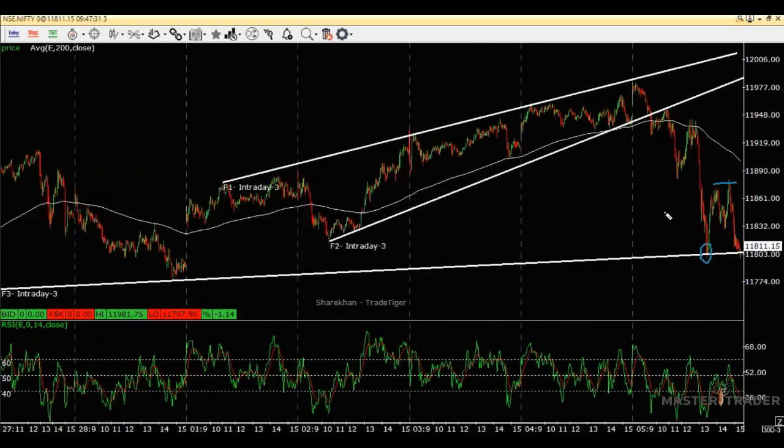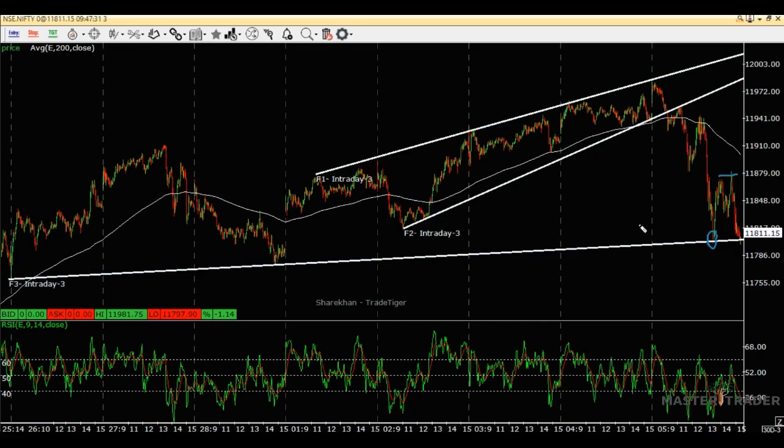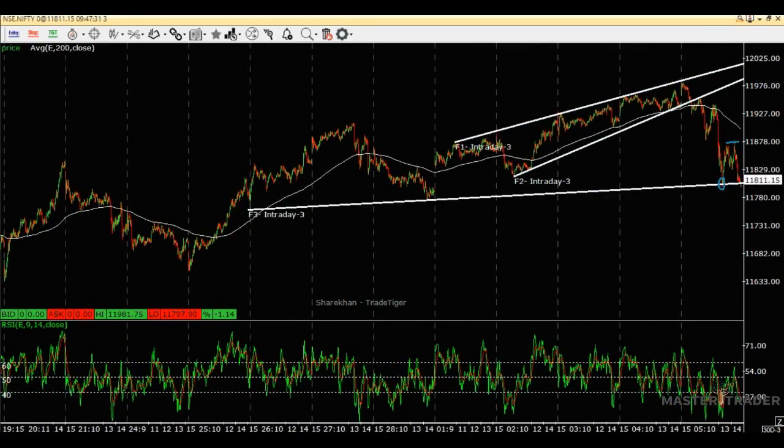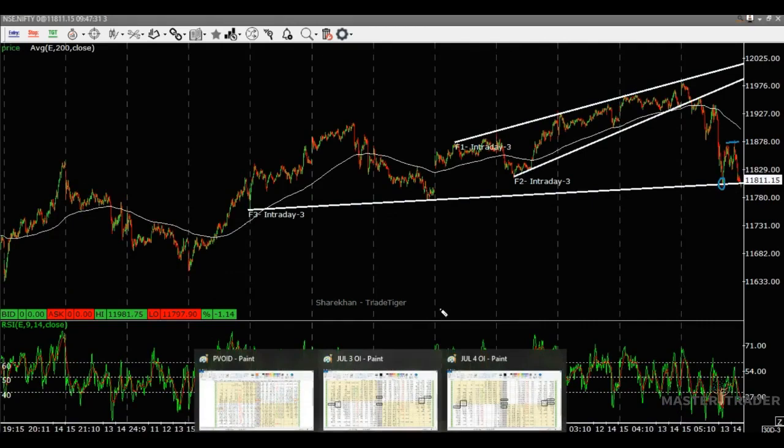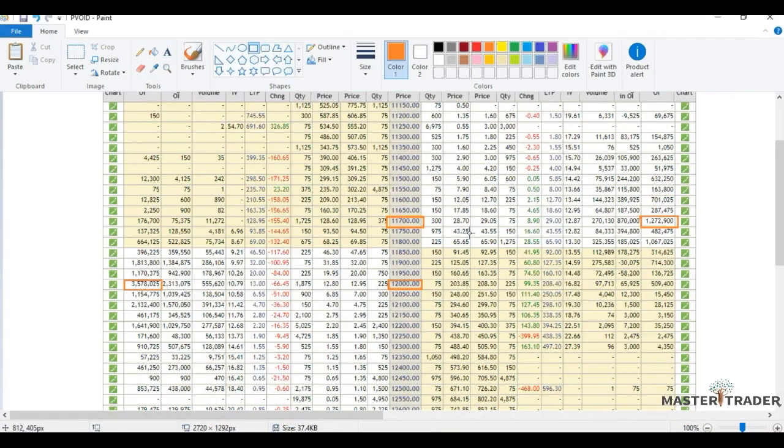So I hope you guys are starting to understand how we're combining option chain data with technicals. Now, this will take some practice because I agree it is not simple at first.